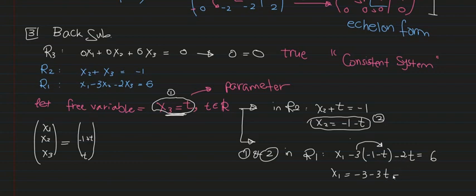The -2t will go to the other side as plus 2t, and we already had 6 on the other side. Let's sum up the like terms. It's 6 minus 3, this is 3, and -3t plus 2t, this is minus t, right? So what we have now for x1 is 3 minus t.